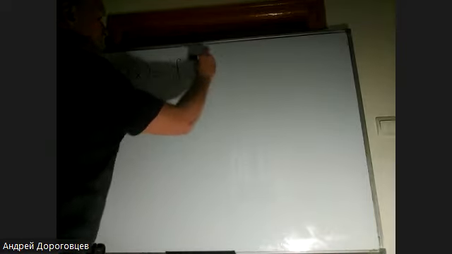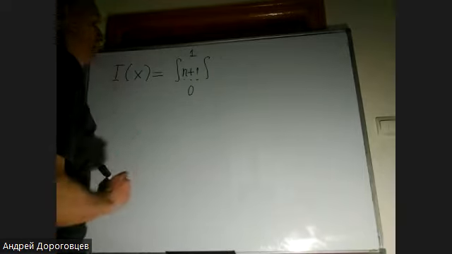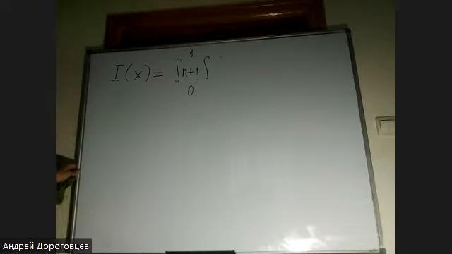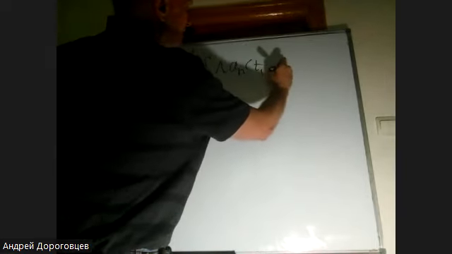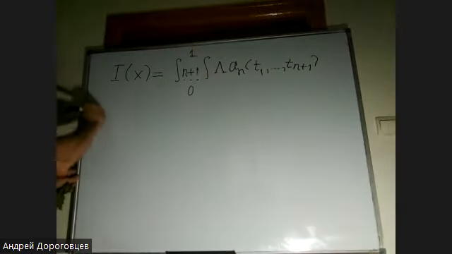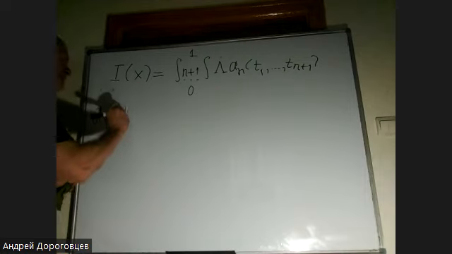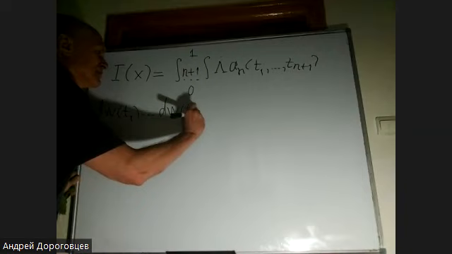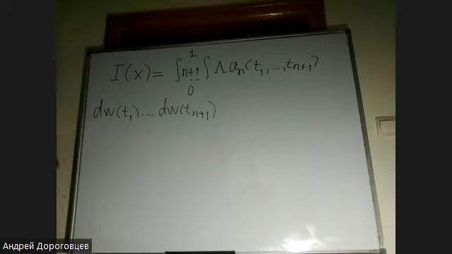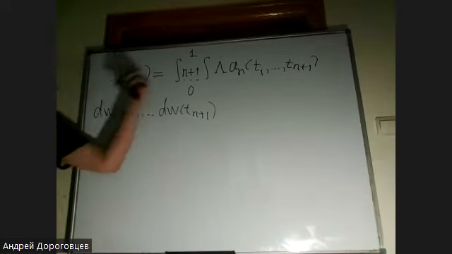As we remember, this is the Wiener integral of multiplicity n plus 1 from the new kernel, which is the symmetrization of a_n with respect to all variables t1, ..., t_{n+1}, with dW_{t1} ... dW_{t_{n+1}}.